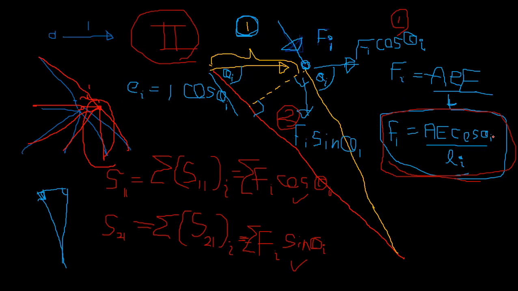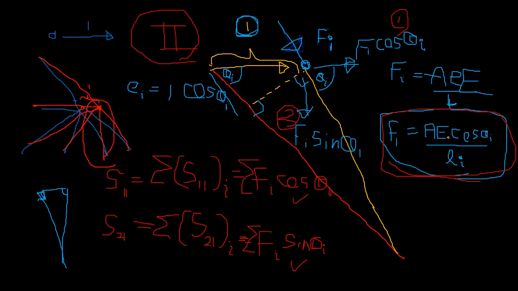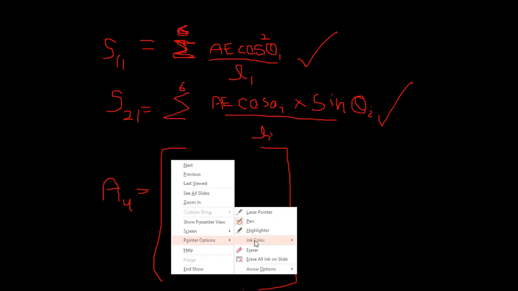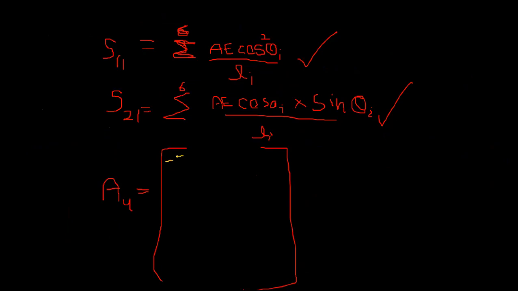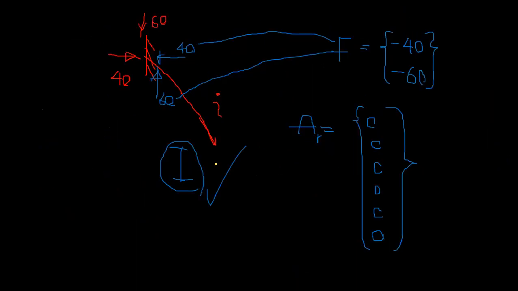This is your idealization, right? So just consider it is a compression for each member. So depending on theta, it will be compensated, right? So it would become minus Fi, right? Minus Fi.